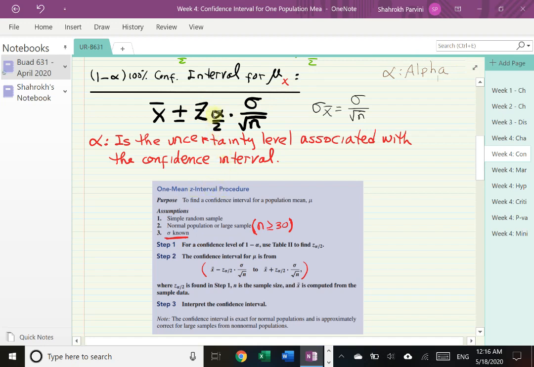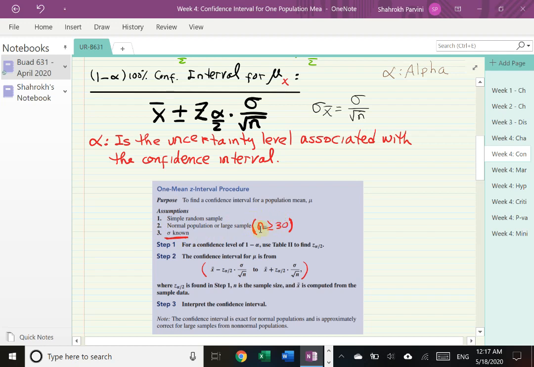Now, here are the assumptions again that are important for the work we're about to do. We have a simple random sample, and really we can say, simple random sample with replacement from a finite population, or without replacement from an infinite population. The second assumption is normality of the population or large samples.